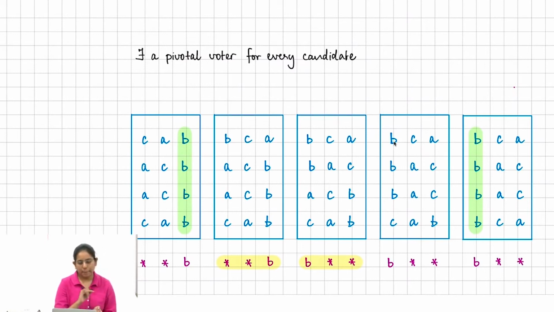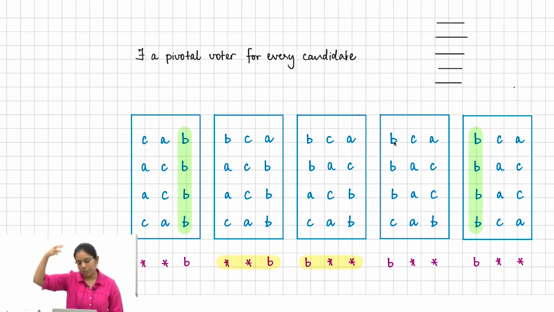The first pair of profiles for which in the first profile you had a star star B and in the next profile you had a B star star. And such a profile certainly exists, right? Because this is your list of profiles where B is slowly transitioning. I mean, B is becoming more and more popular as we go further down.